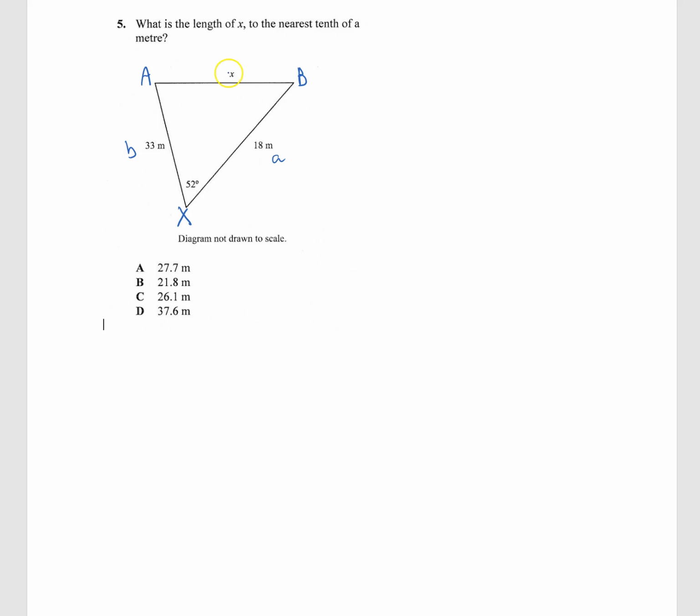And so we're interested in x, and X is the angle that we know.